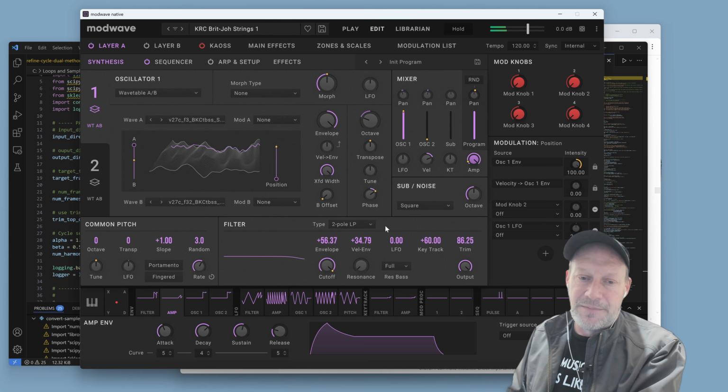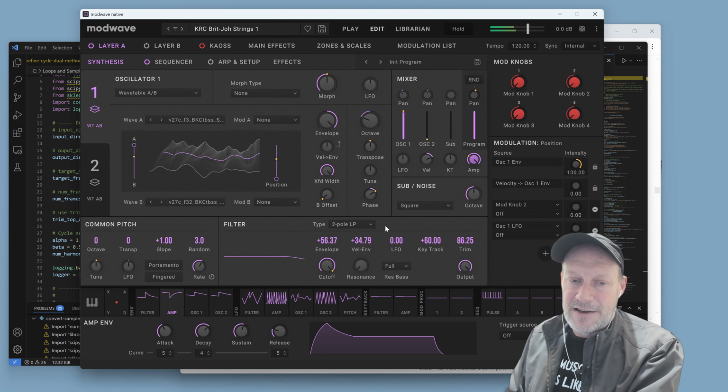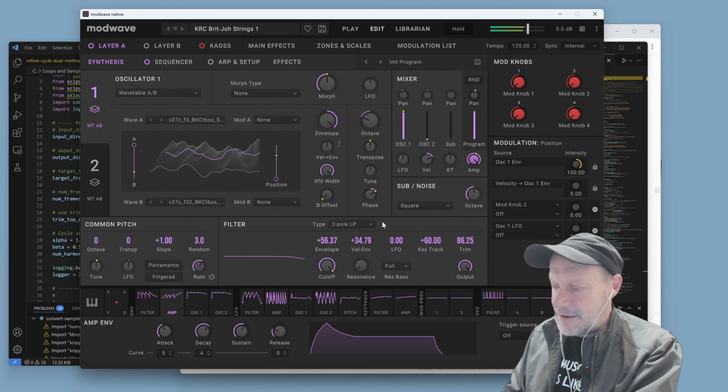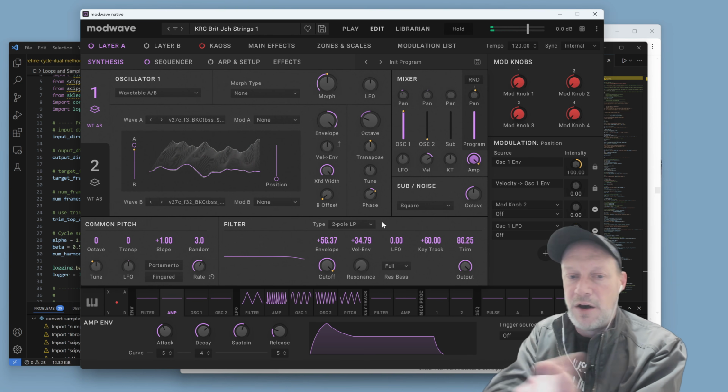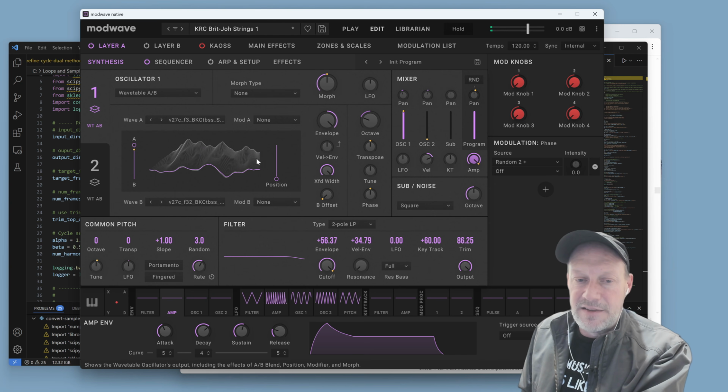Beautiful strings, right? And there's no tearing at the edges of these wavetables.